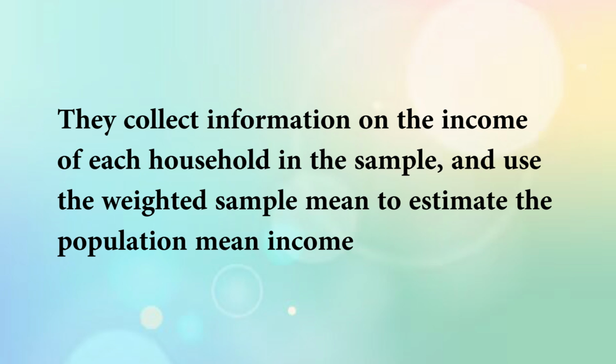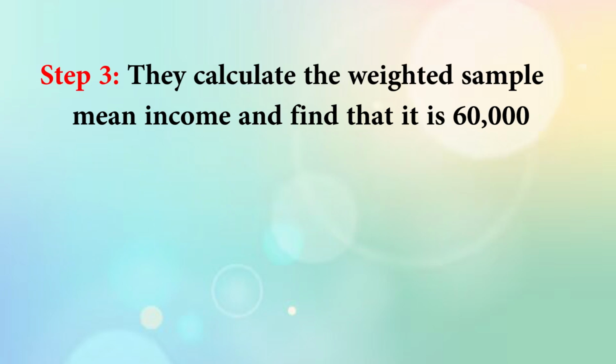They collect information on the income of each household in the sample and use the weighted sample mean to estimate the population mean income. They calculate the weighted sample mean income and find that it is 60,000.